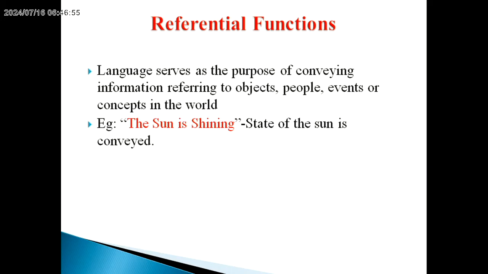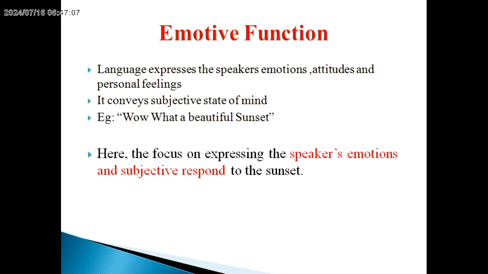So he gives a beautiful example to explain this concept further. That is, "The sun is shining." Here the state of the sun is conveyed. So this is called the referential function according to Jakobson. The next function of language is the emotive function. The language we use expresses the speaker's emotion, attitude, and personal feeling.